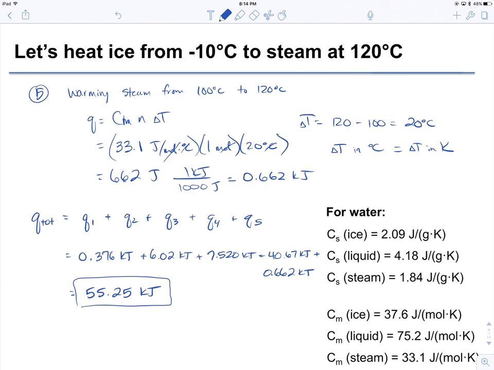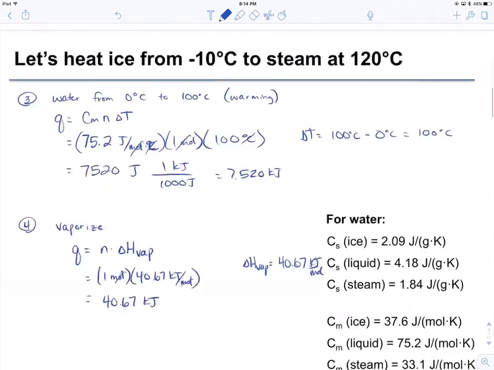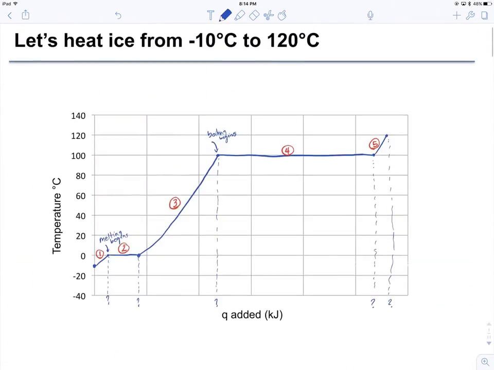So to conclude, we can go back to our curve and actually put the numbers on the x-axis, right? So this is going to be 0.376, and then when we add that to the heat required to melt, it is 6.396.